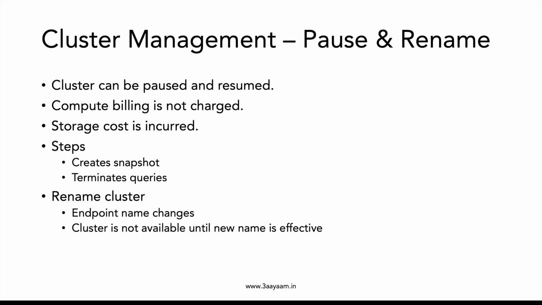Once you change the name, the cluster will be rebooted and all the existing connections will be dropped. If your applications are connected to your Redshift cluster, all those connections will be dropped. You'll have to reconnect to the cluster again. So that's what pausing and renaming does in your cluster. That's how you can pause a cluster and rename a cluster.